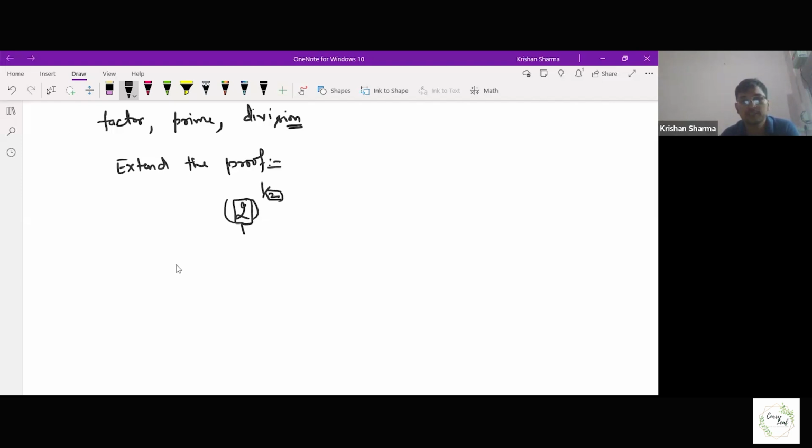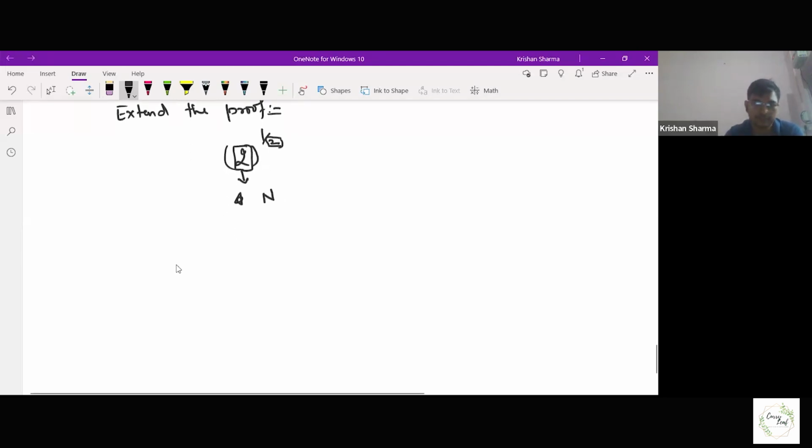So suppose first we see this number and we replace it with n. Take any number. Obviously, we are taking the square root, so we are taking natural numbers. So square root of n we will consider, and we will go with the same technique.